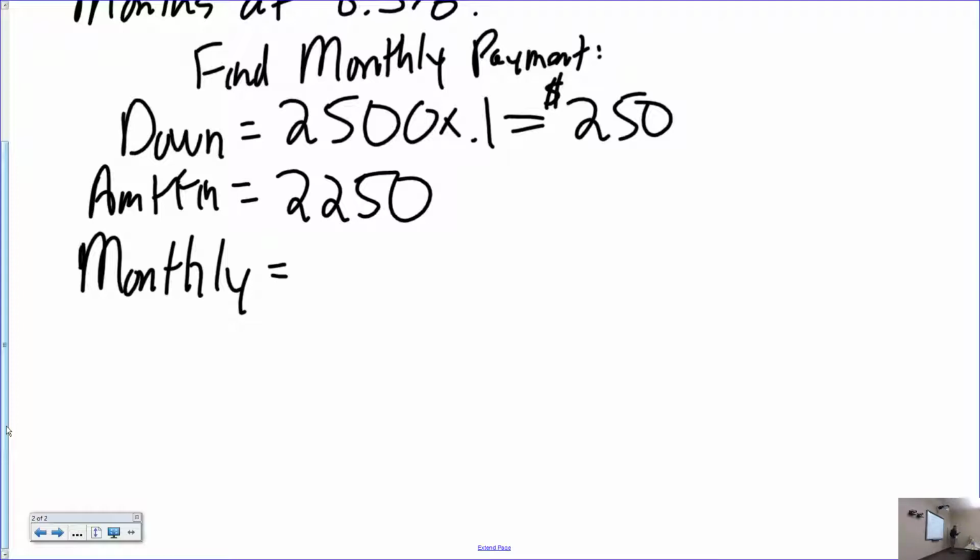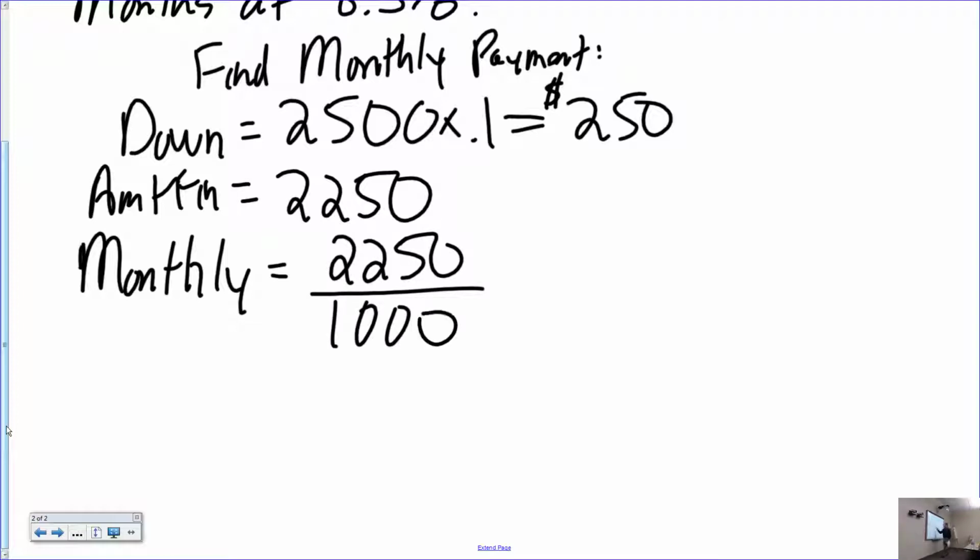Okay. It's the loan amortization table or the monthly payment per $1,000 to pay principal and interest. So you take the amount financed, $2,250, divide by 1,000. Remember to always divide by 1,000, and then just multiply by the table value.